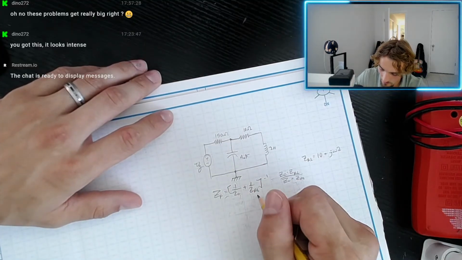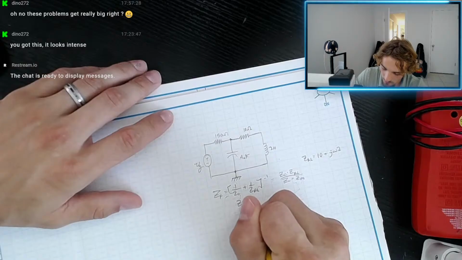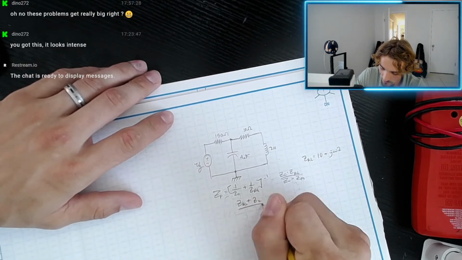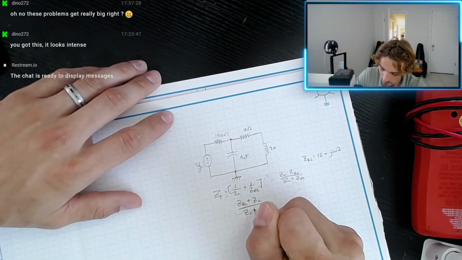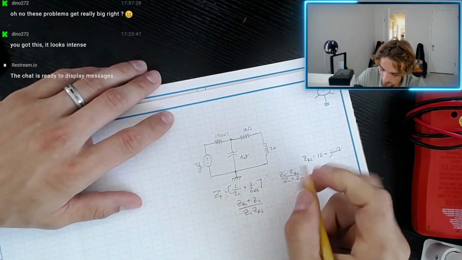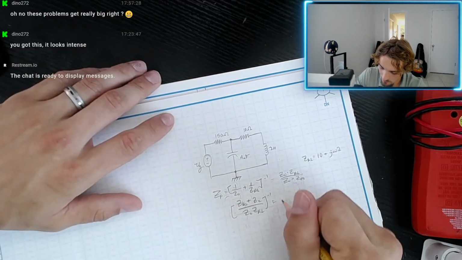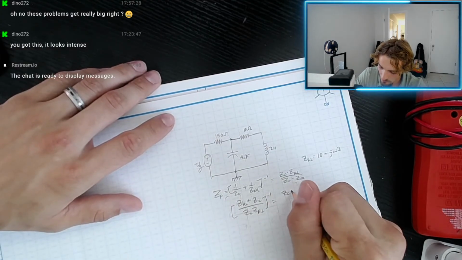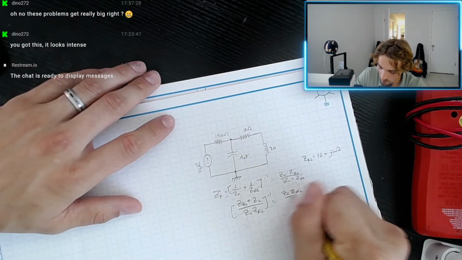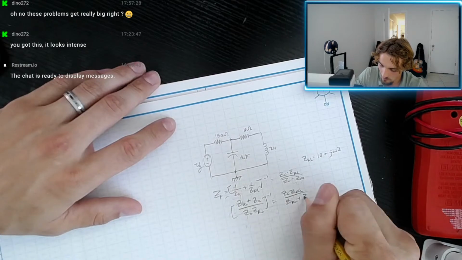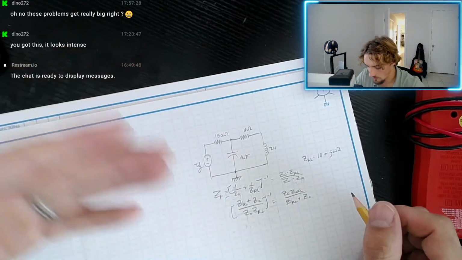So that would be ZRL plus ZC over ZC times ZRL, to the negative 1. So that's that law.